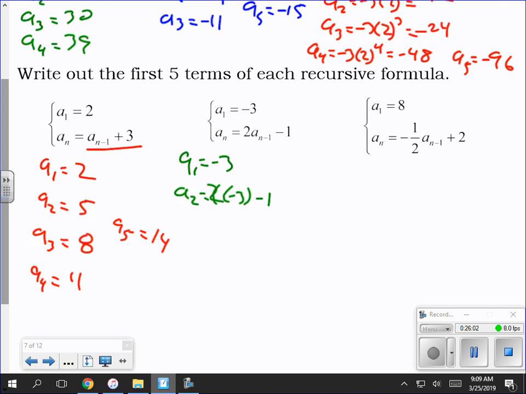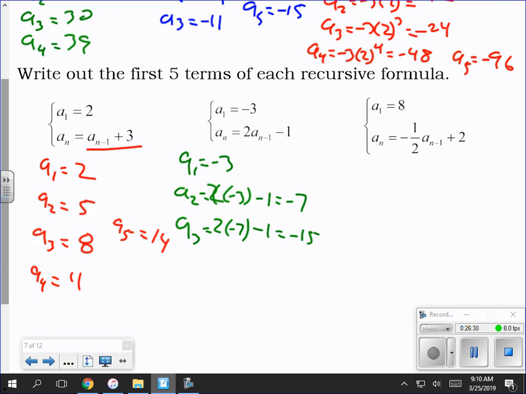Take the one before, times 2, and then subtract 1. -6 minus 1 gives me -7. So a sub 3, I take the one before, times 2, and then subtract 1. 2 times -7 minus 1 gives me -15, right? Yeah, -15.